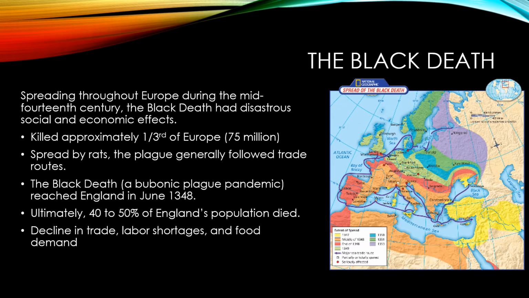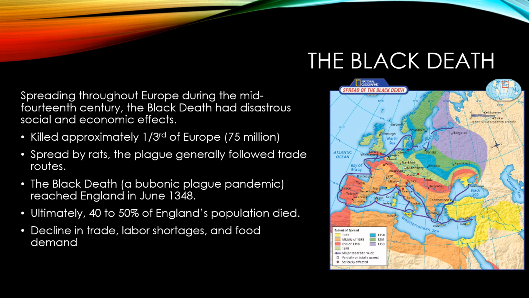In the mid-14th century, the Black Death starts spreading through Europe, and it has disastrous social and economic effects. It killed approximately 1/3 of Europe. That's 75 million people. It was spread by rats, and the plague generally followed trade routes.